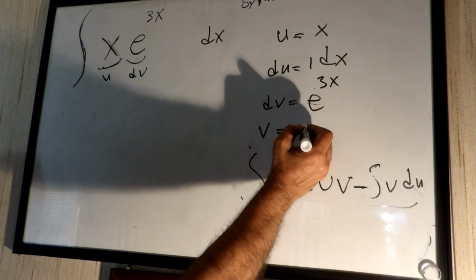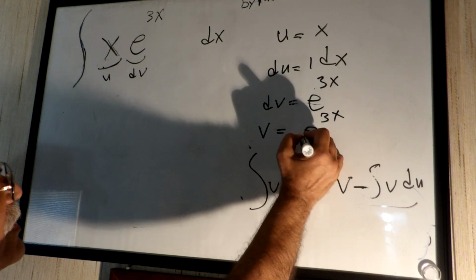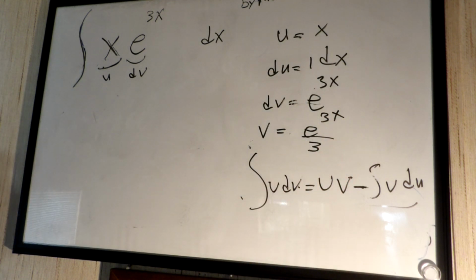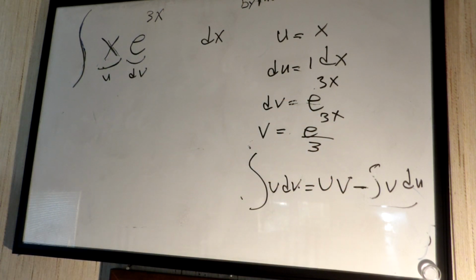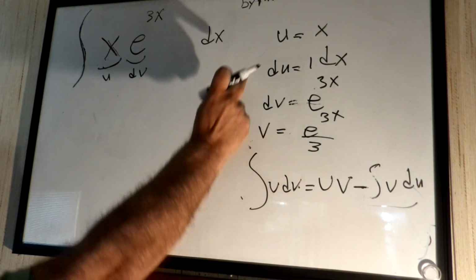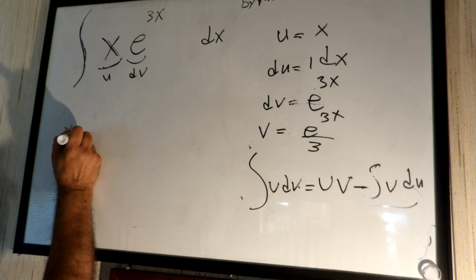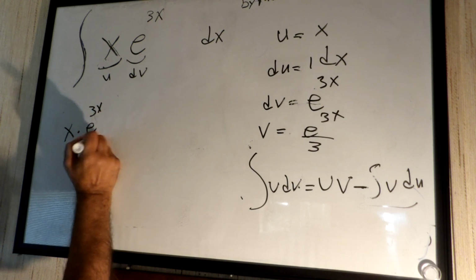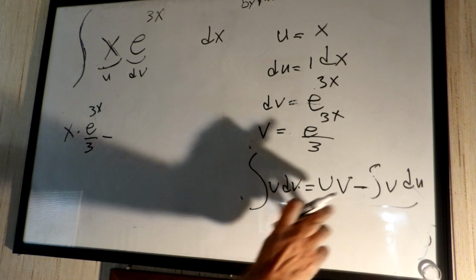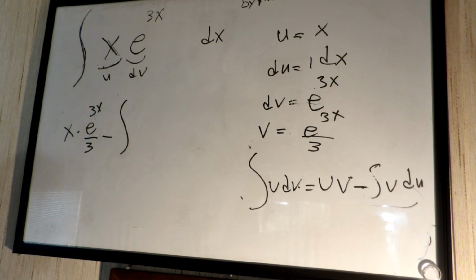The integration of that is going to be e to the power of 3x, and the derivative of the exponent is 3, so v is e^(3x) over 3. So we have u times v, x times e to the power of 3x over 3, minus the integration of v du.